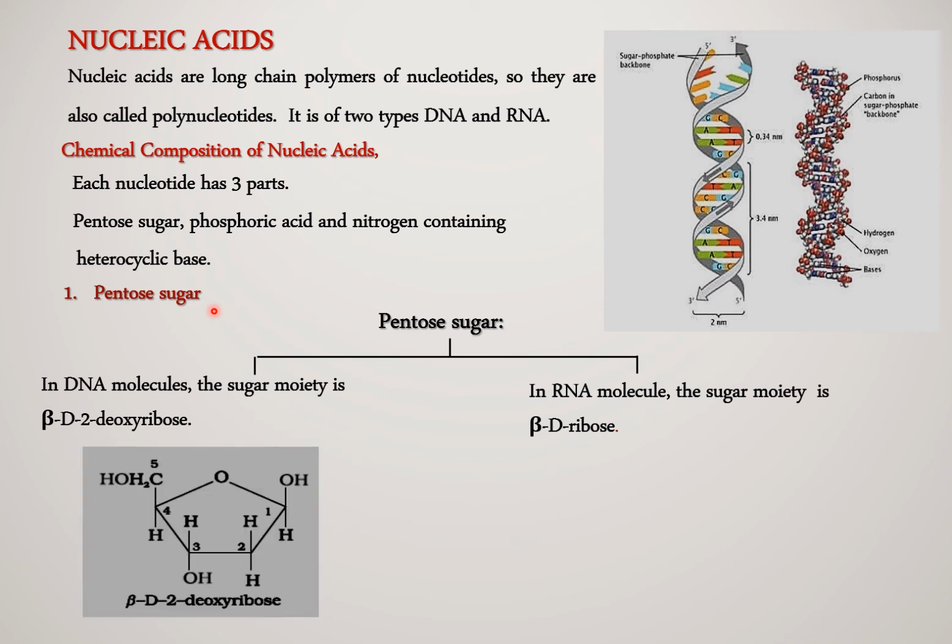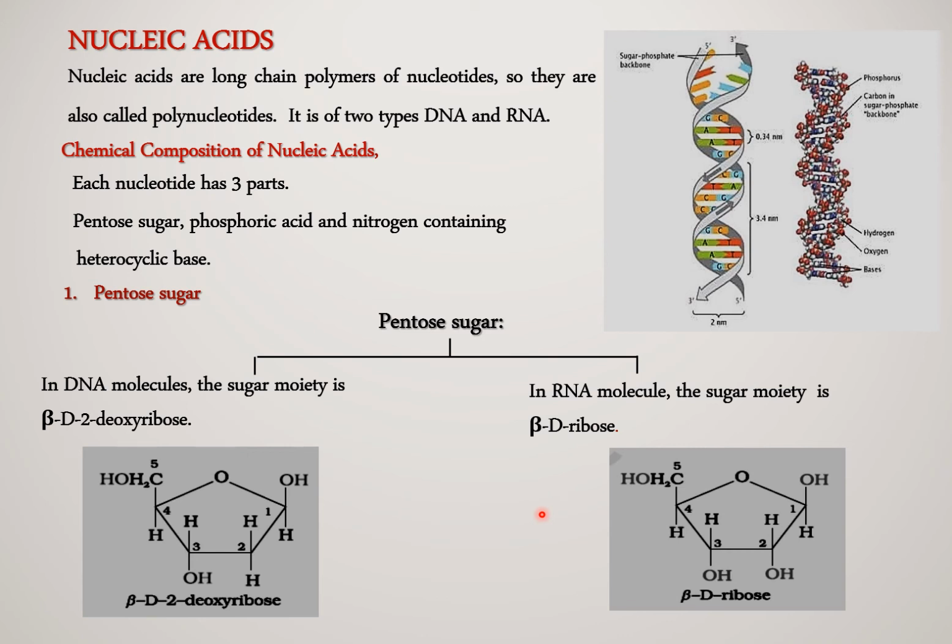If it is observed in the DNA, the sugar moiety is beta D-2-deoxyribose. So you will observe at carbon number 2 there is no OH group, it is deoxyribose, which is found in the DNA. The other one is the ribose sugar which is present in the RNA. So here at carbon number 2 there is the oxygen present in the form of OH.